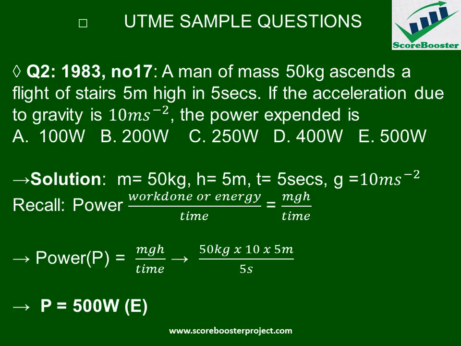Now let's recall that power equals work done or energy over time. Now for energy, the applicable energy to this is potential energy, since they are talking of mass, height, and acceleration due to gravity. Then the formula for potential energy is mgh.